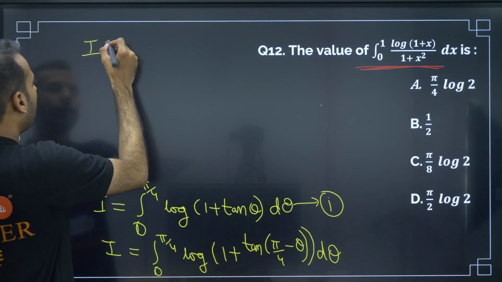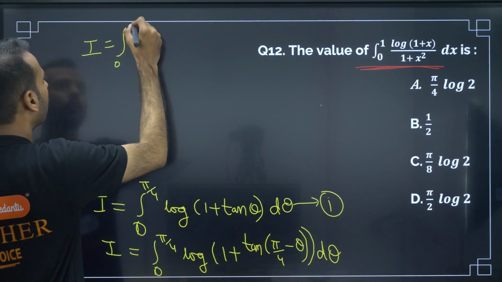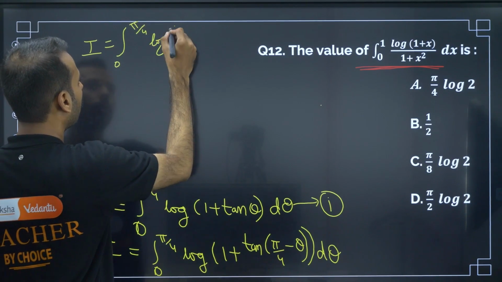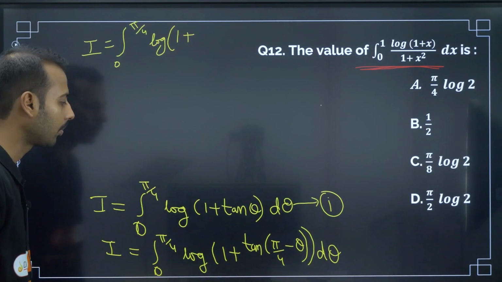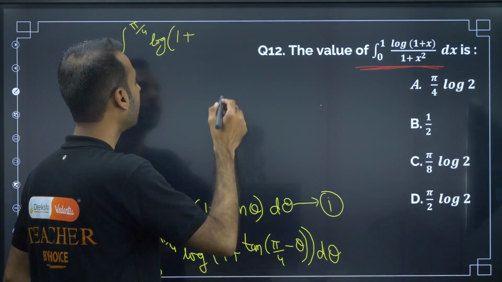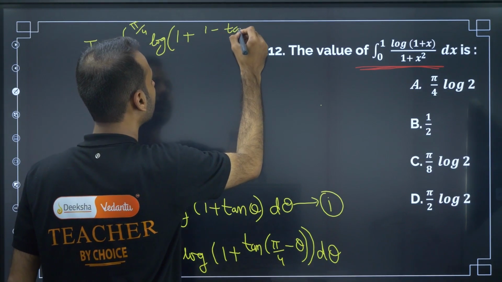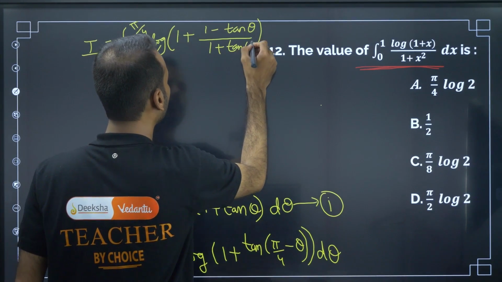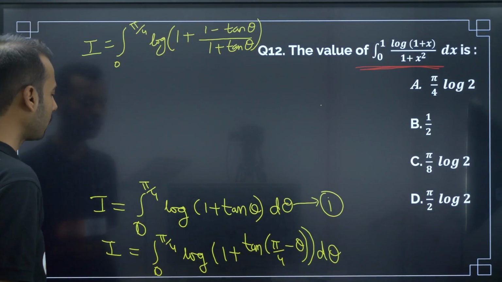Then I is equal to 0 to pi by 4, log of 1 plus tan of pi by 4 minus theta, which is tan a minus b, tan a minus tan b by 1 plus tan a tan b, so (1 minus tan theta) by (1 plus tan theta).